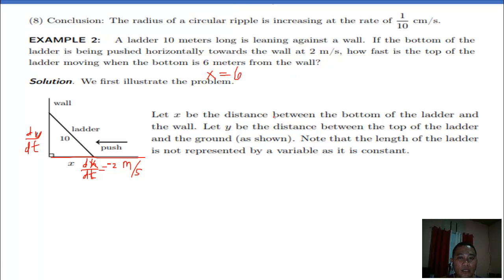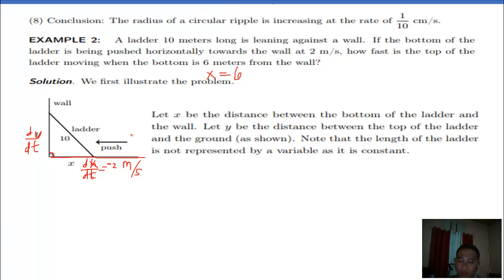So, let x be the distance between the bottom of the ladder and the wall. Let y be the distance between the top of the ladder and the ground. Note that the length of the ladder is not represented by a variable as it is constant. So, we have here a right triangle. Of course, in real life situations, the hypotenuse could be a ladder, a string, or the string attached.